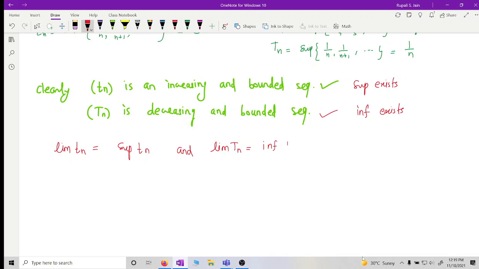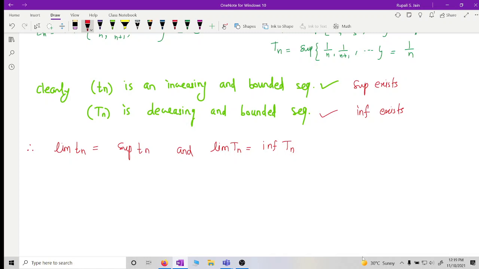Infimum of capital Tn. Okay. So the limit exists. The limit will be nothing but the supremum of this, and for capital Tn, the limit will be nothing but the infimum of that sequence. Is that right? So I can define the limit like this.